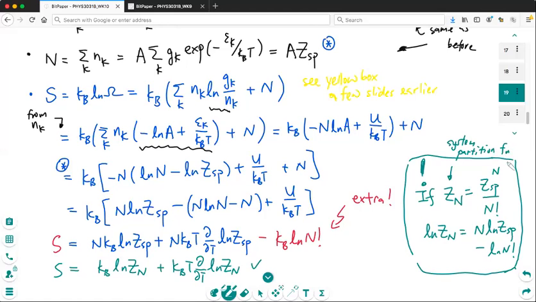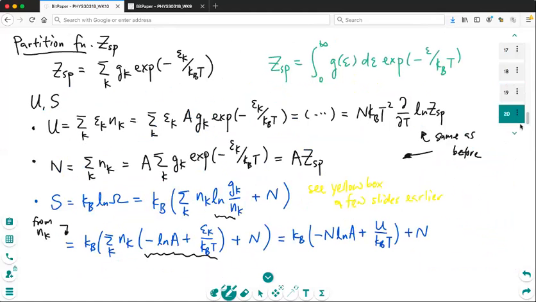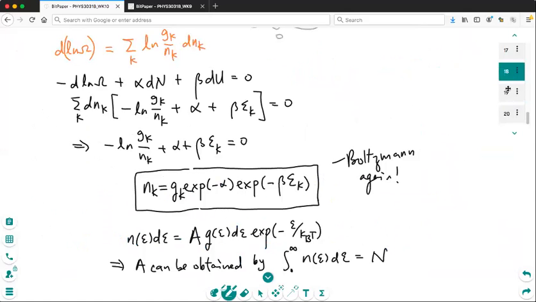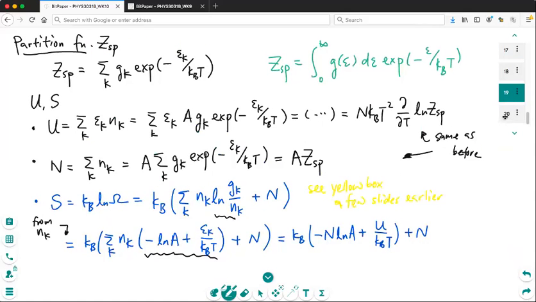Okay, if you use the wrong system partition function, something else will show up. Okay, so let's get to that point. So to do that, I really want to put in some hard work to deal with this integral form of the partition function.